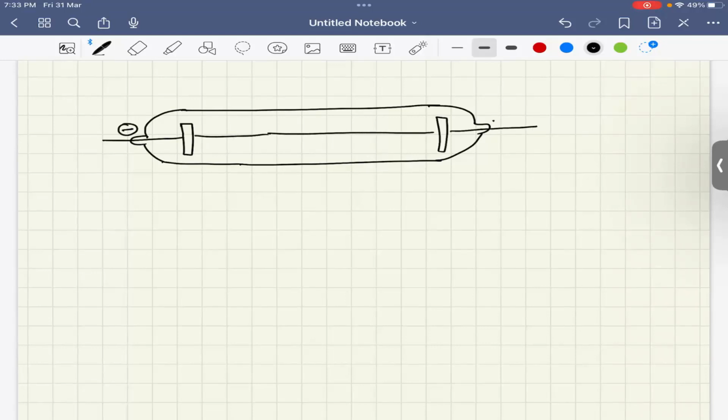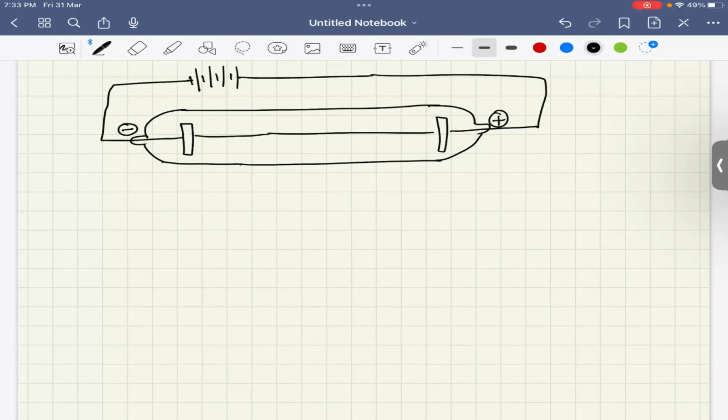This was negatively charged, this was positively charged, and this is connected to an external circuit. It was also connected to a vacuum pump, and the tube was filled with gas particles.